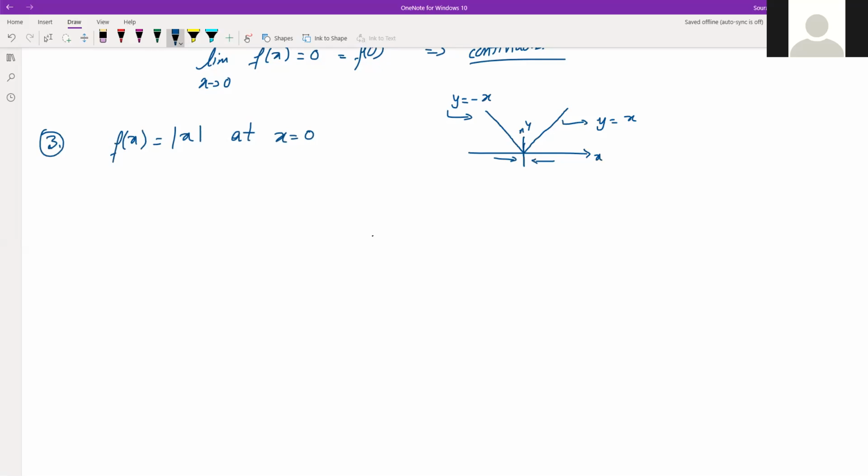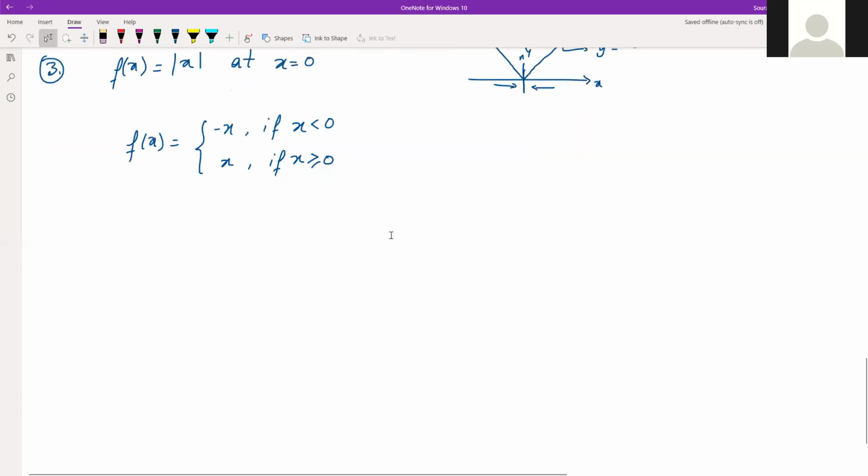So this function which we have here can be rewritten as f(x) is equal to minus x if x is less than 0, and plus x if x is equal to or greater than 0. Now this is the function, right, whose continuity we have to analyze at x equals 0.